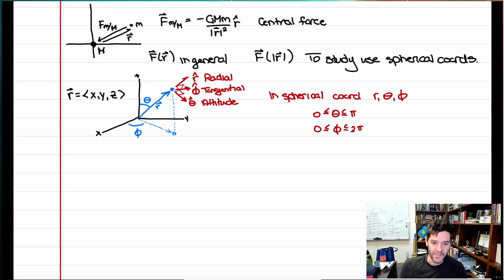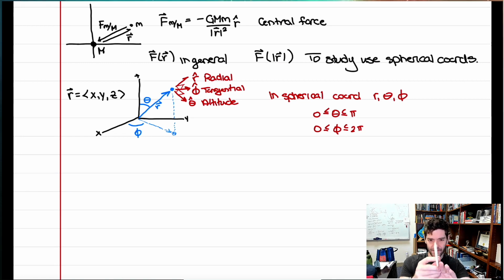If I let both of those angles range to 2 pi, I can imagine there's some point here, towards the camera, that corresponds to some given phi value. Let's call this phi equals 0 perhaps. I could point it towards here, and there's some coordinate.